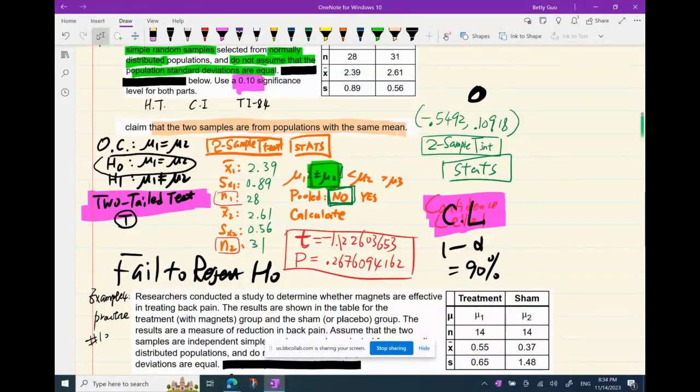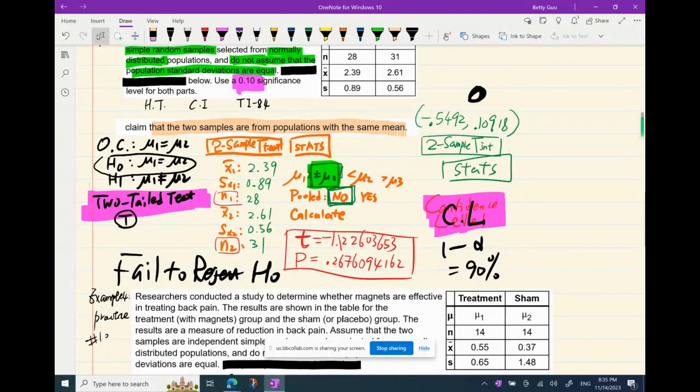Here we fail to reject null. Is it possible the null is correct? Yes. But of course, if you want to make sure, you have to do more tests and get more samples. Based on our sample, we can only say we fail to reject null.